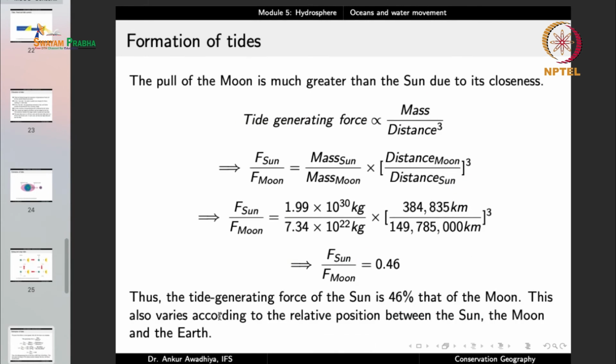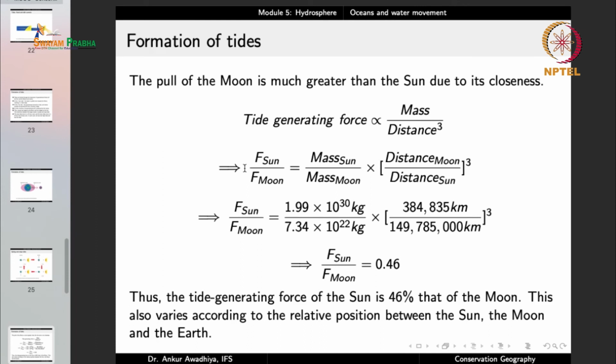Now if we consider the amount of force that is being applied by the sun and the moon, the pull of the moon is much greater than the sun because the moon is much closer to the earth. The tidal generating force is proportional to mass divided by distance to the power 3.